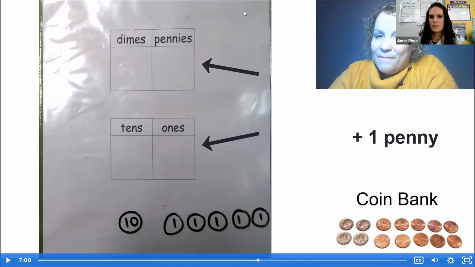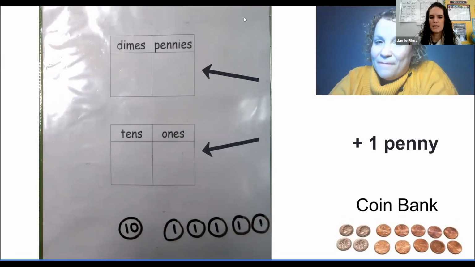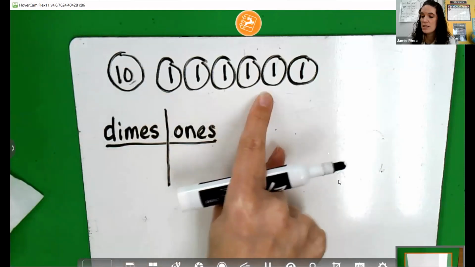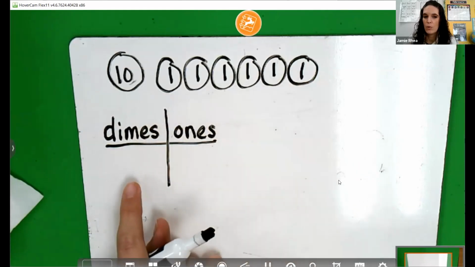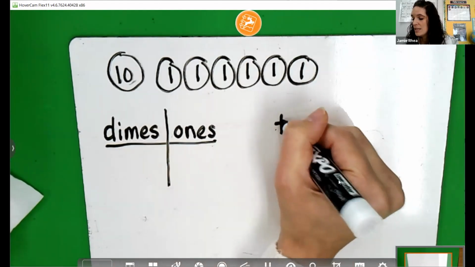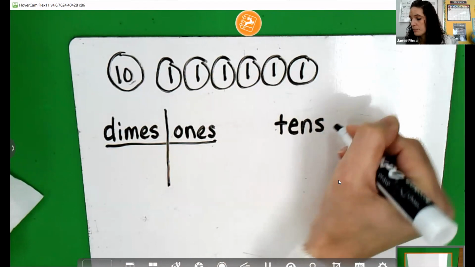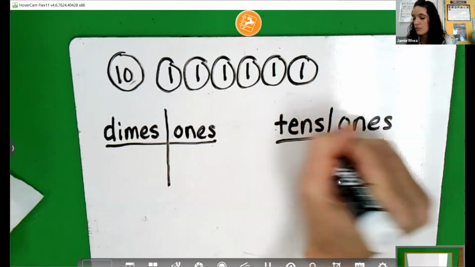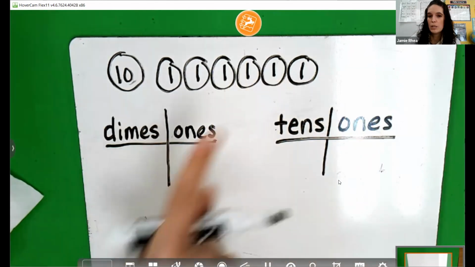Okay, so let's stop for a second and let's share my screen. So she wanted us to have 10 and 5 ones and then add 1 more. Now we're going to fill in our dimes and pennies in our tens and ones chart. I've drawn out my pennies, including the plus 1.